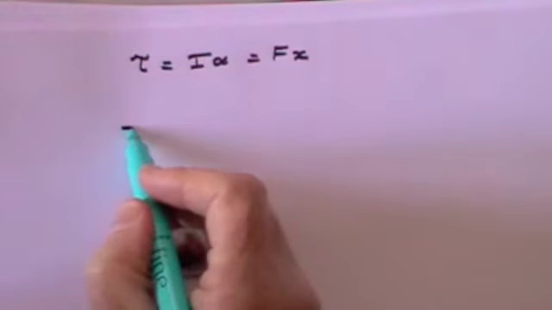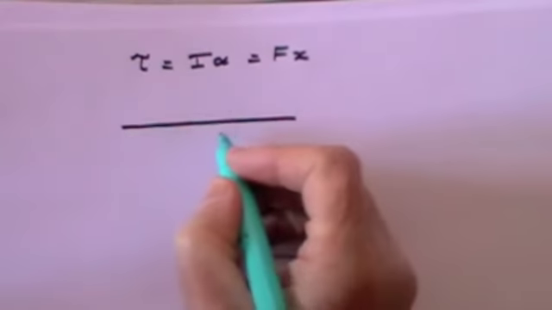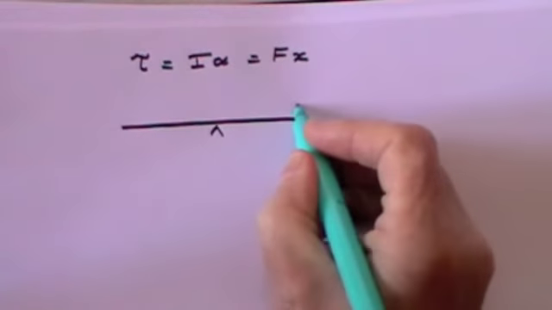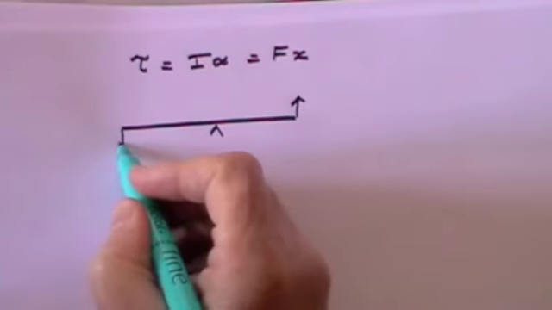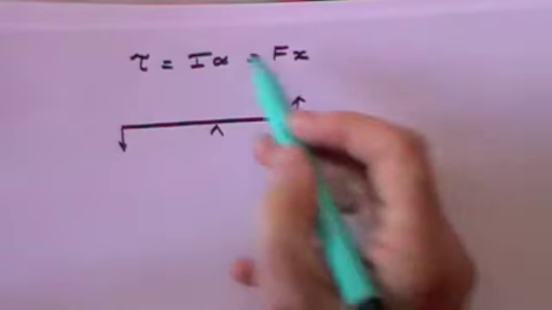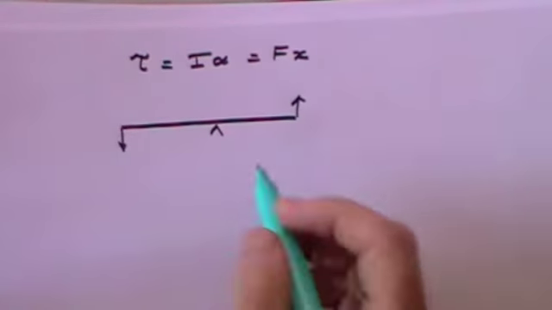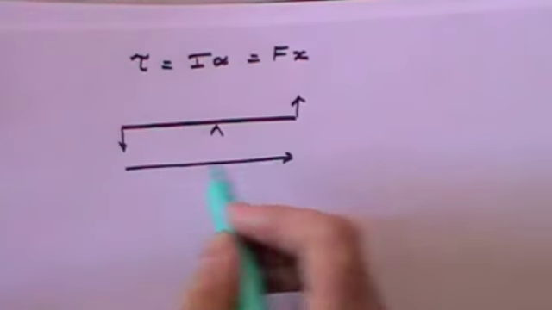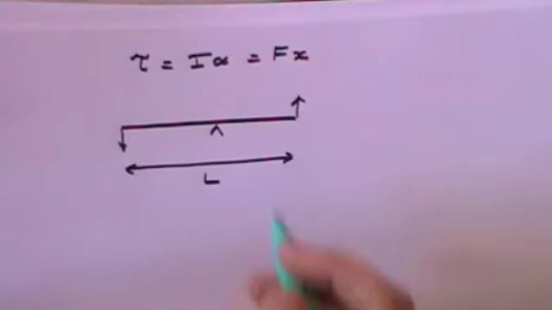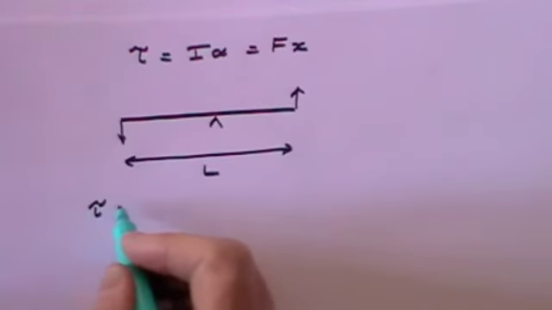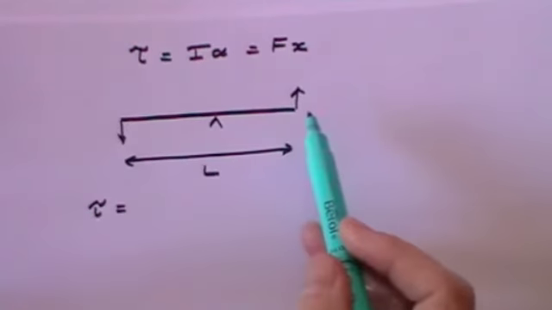So if we take a rod and we put a pivot point in the middle, and then we have a force upwards on that side and downwards at that side, so they're both contributing to spinning this rod around the pivot point in a circular direction, and let the length of the rod be L, then we know that the total torque will be twice.